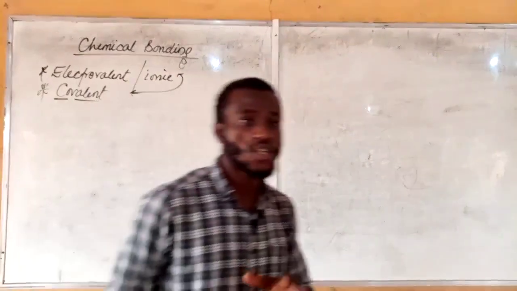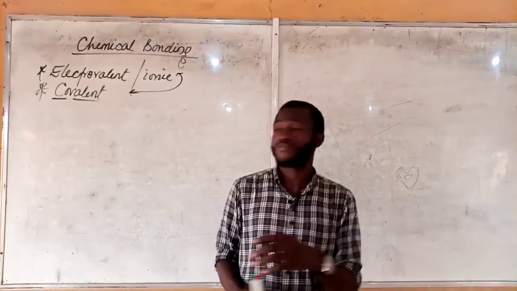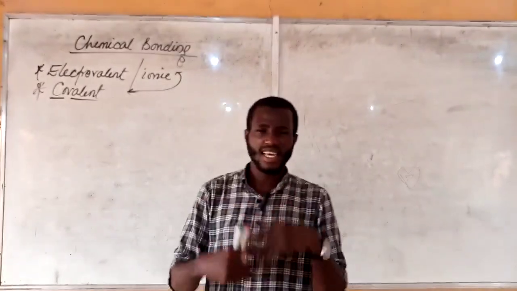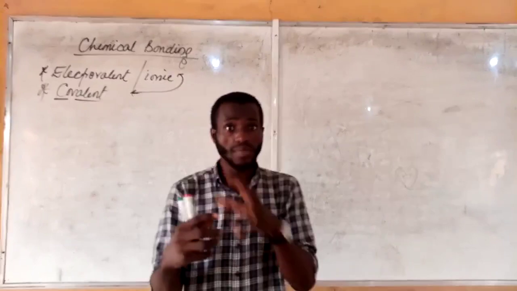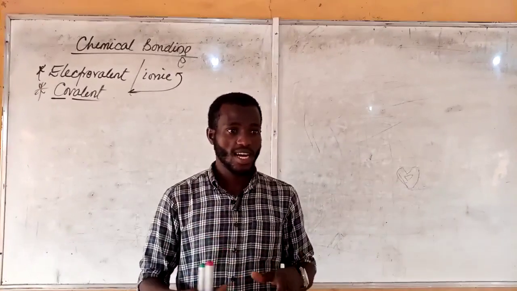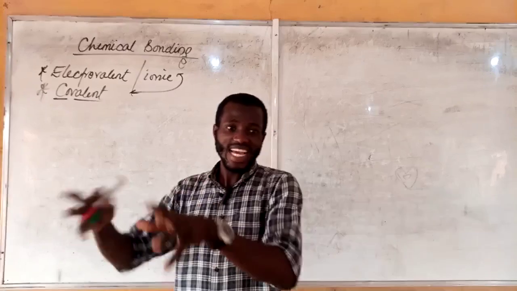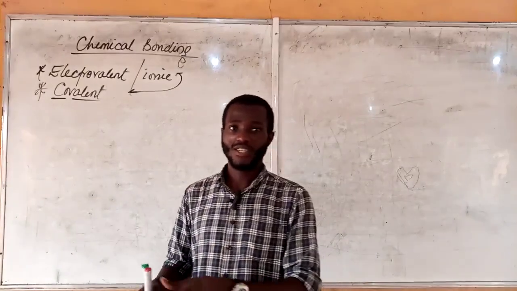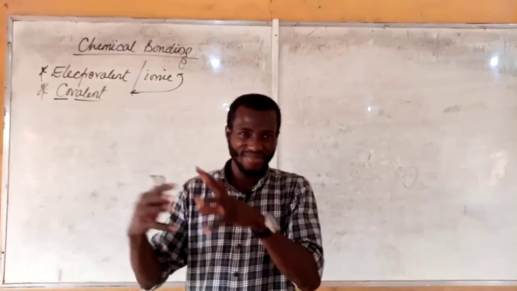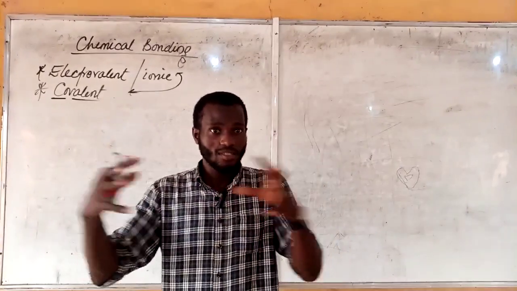So for covalent compounds, how are they formed? I said co means together. The word co actually means together. So when you hear coordinate, it means to organize a group of people and direct them together. Whenever you hear the word co, it means to do together.